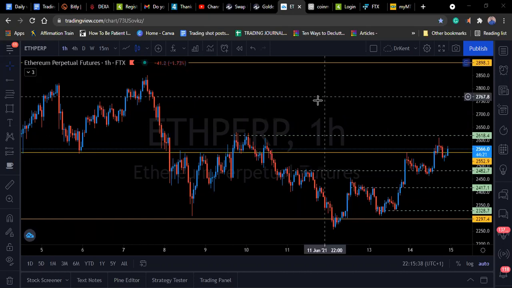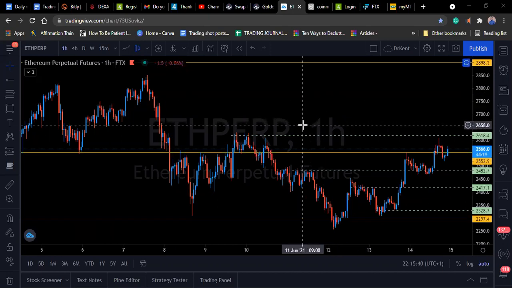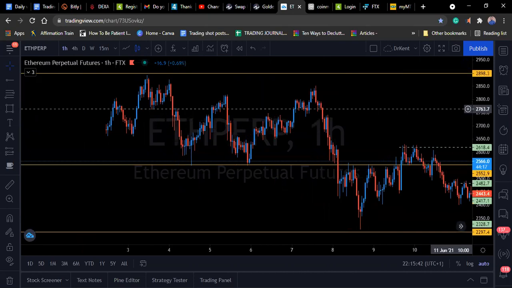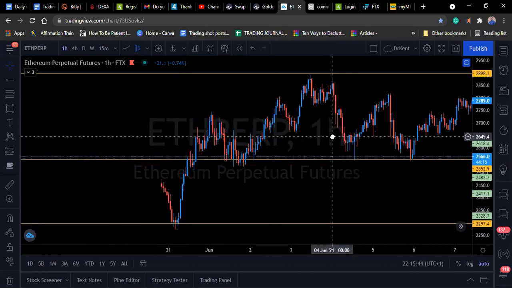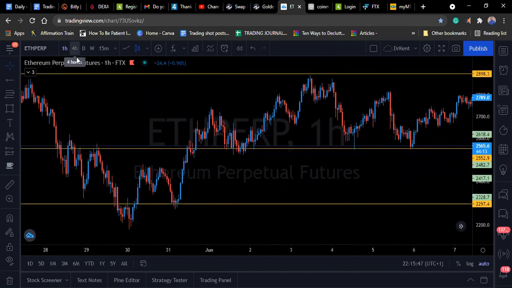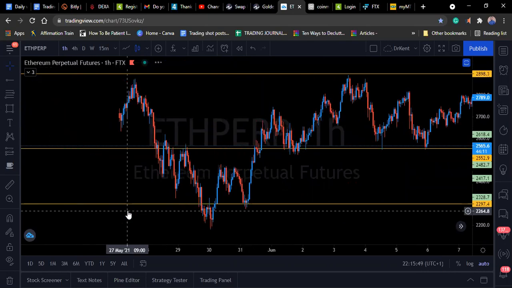Now, how do you trade them? Let's start with the double bottom.